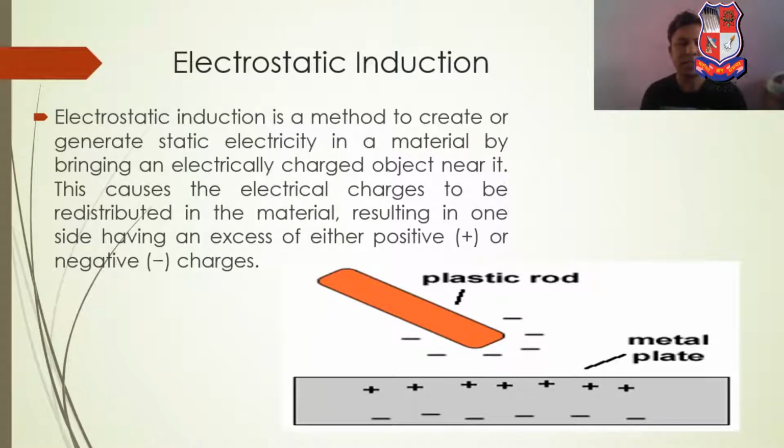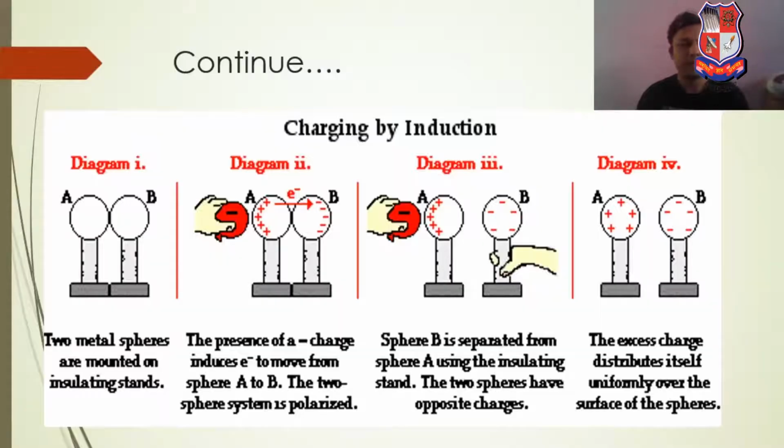You can also explain another method to produce electrostatic induction. See, this is the diagram. Two spherical metals A and B are placed, mounted on an insulating stand.